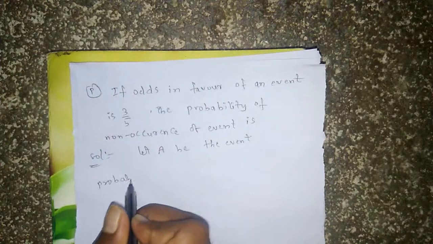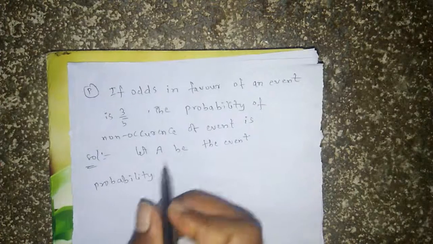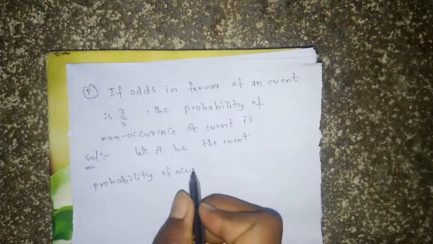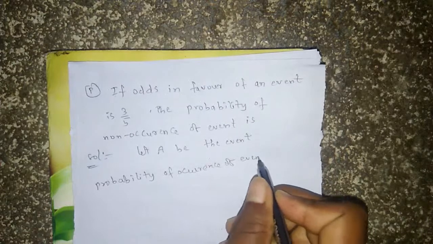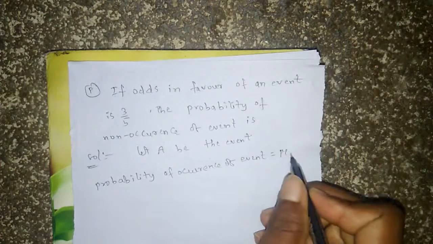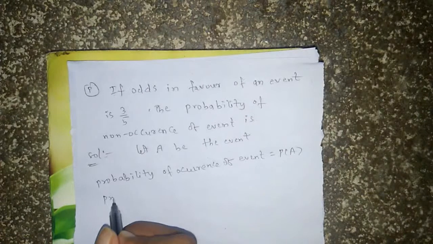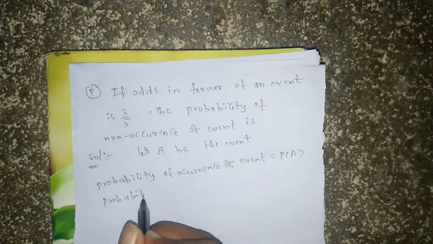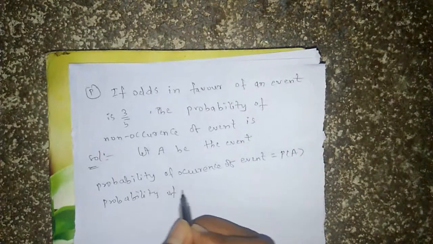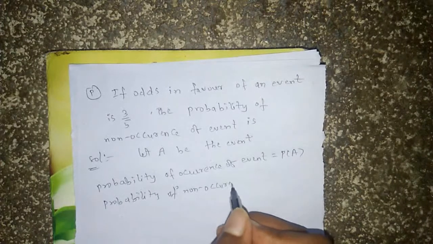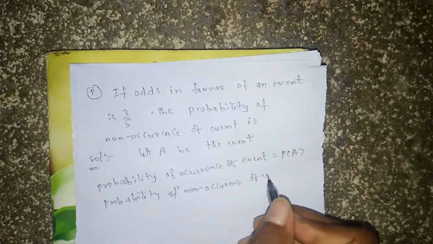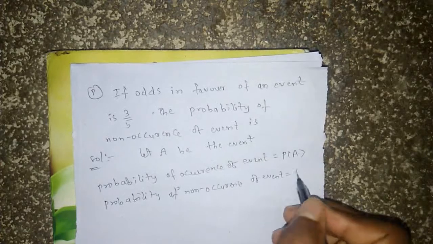Probability of occurrence of event is P of A, probability of non-occurrence of the event is P of A bar.